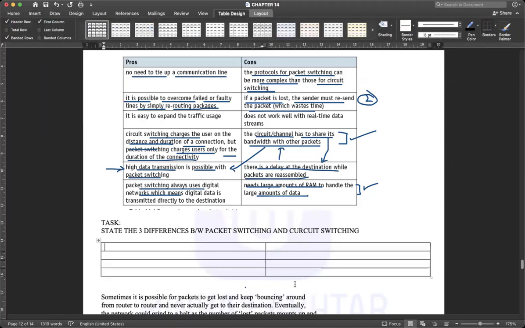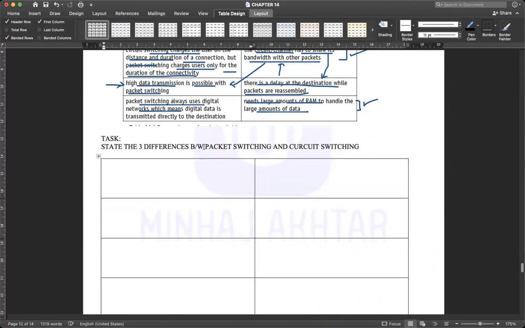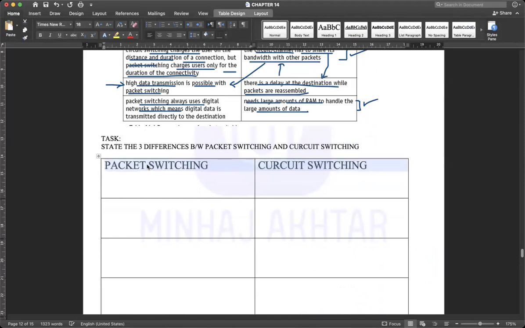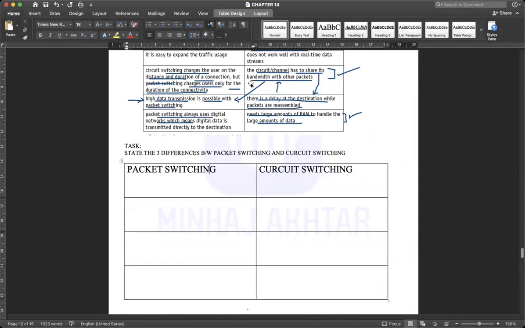After drawing this table, you have to make one column for packet switching. Copy, paste, copy, and paste. And then you have to write down the differences among them, not the features. I want a difference, right? So send your answers in the group. I'm waiting.